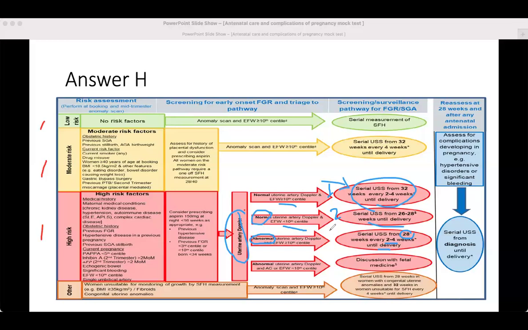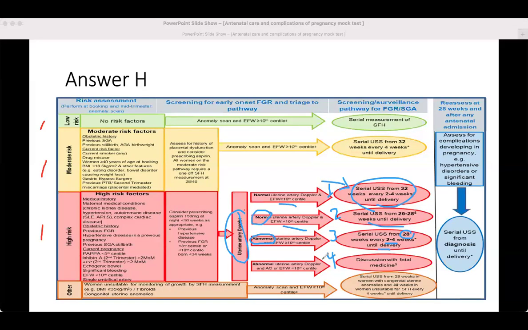How about condition number 4? This is the fourth condition here, that the scan shows abnormal uterine artery Doppler and abdominal circumference or the estimated fetal weight less than 10th centile.